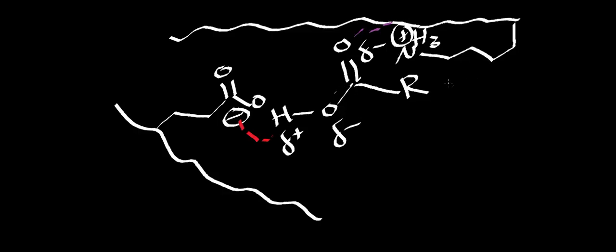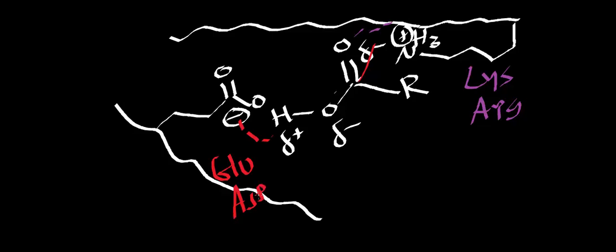And things that might stabilize an incoming positive are going to be things like glutamate and aspartate. Those are things that might stabilize an incoming positive charge. The reason is because you have a dipole moment towards the oxygen. So these are weak interactions, and these weak interactions help stabilize incoming molecules into the active site.